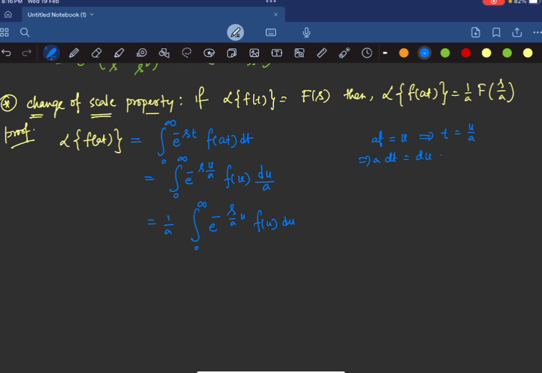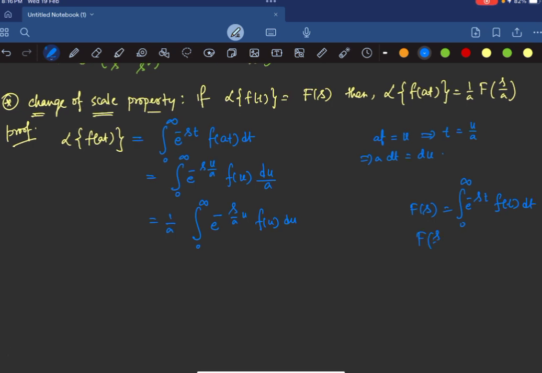Got it? We know that F(s) means the integral from 0 to infinity of e^(-st) f(t) dt. So F(s/a) means, in place of s, the integral from 0 to infinity of e^(-(s/a)t) f(t) dt. That's what we have here.